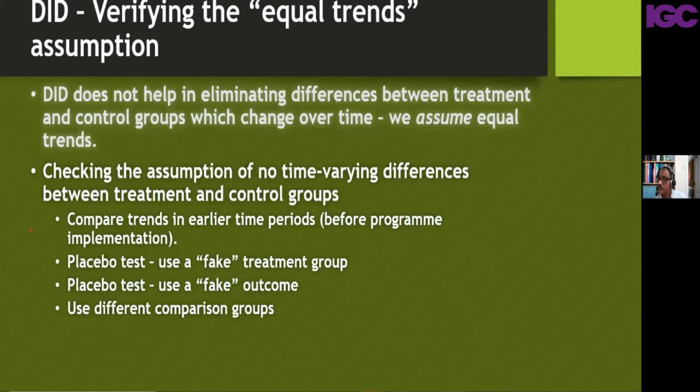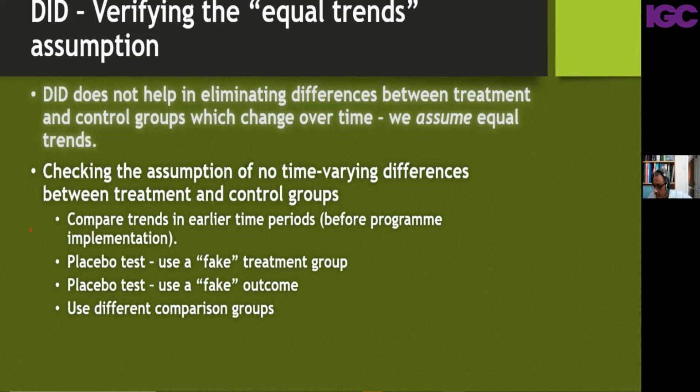You can also use a placebo test by using what is called a fake outcome. Suppose you're looking at the intervention of, say, a maternal nutrition program, which is supposed to improve child mortality.